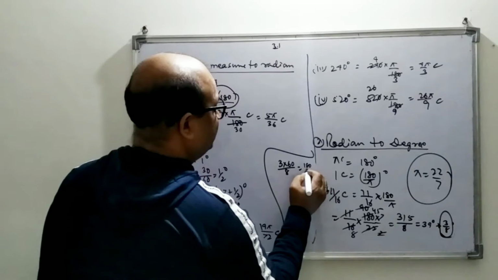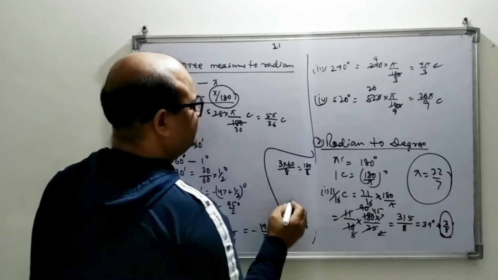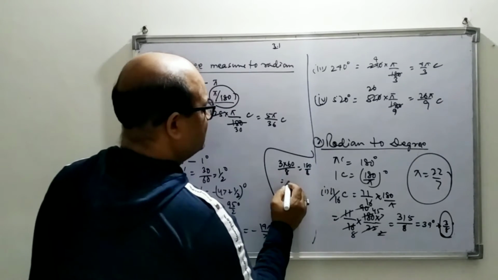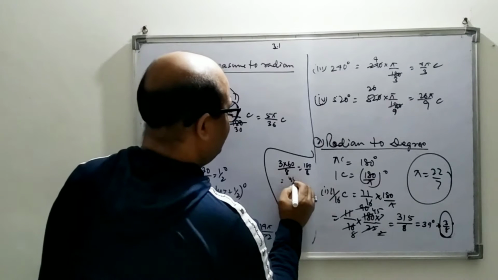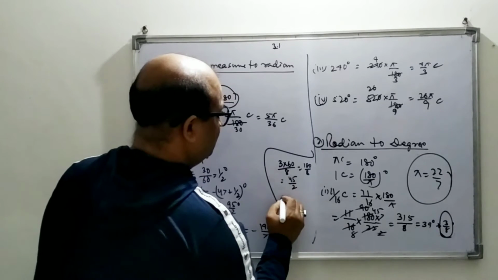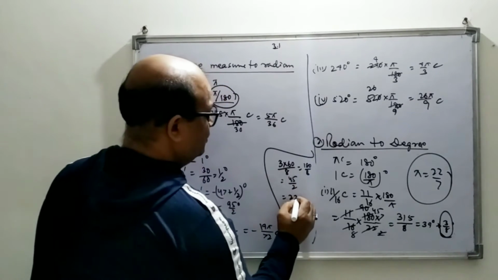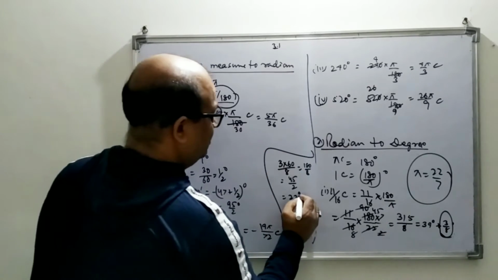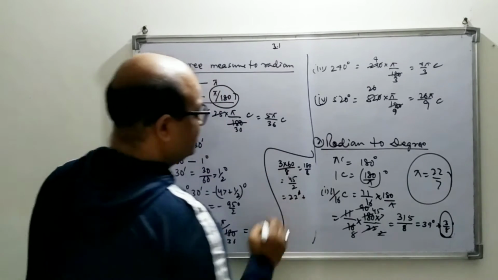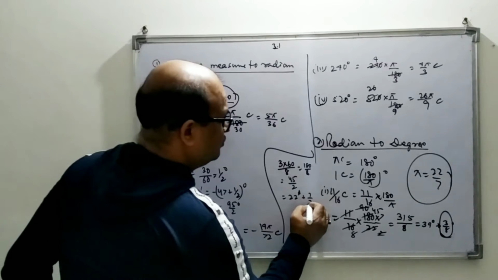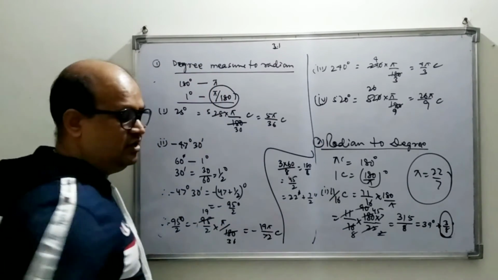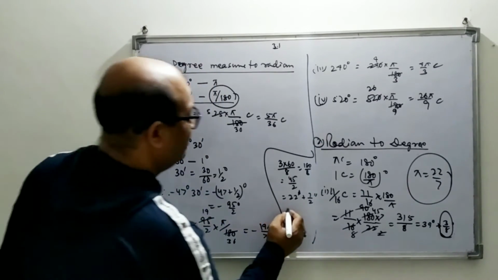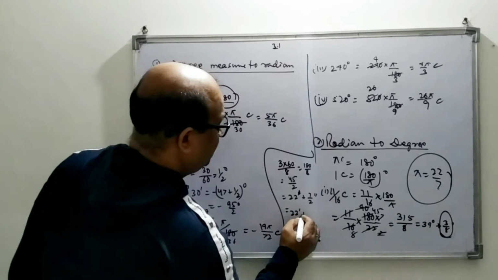That means 180 by 8 minutes, that is 45 by 2 minutes. That is 22 minutes plus 1 by 2 minute.